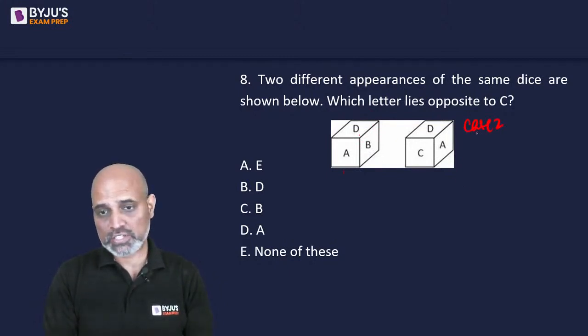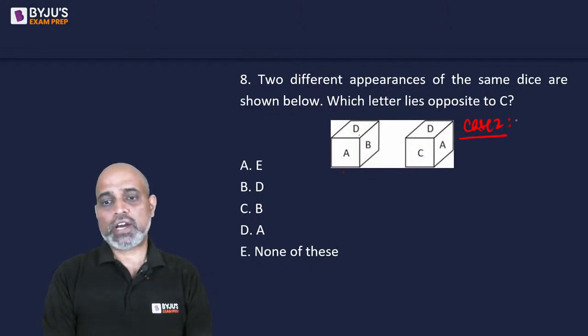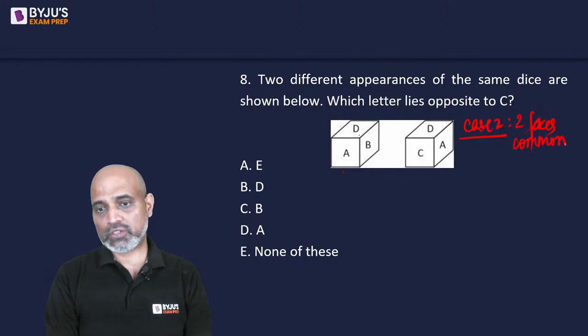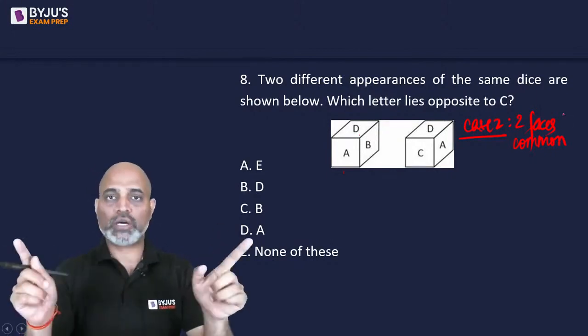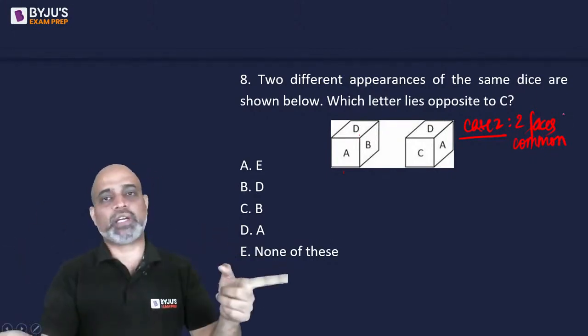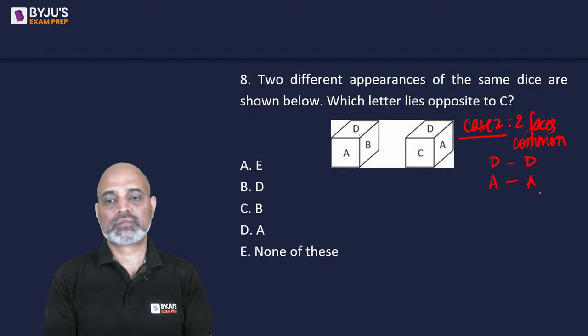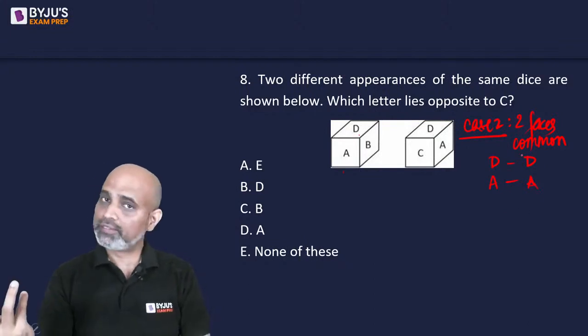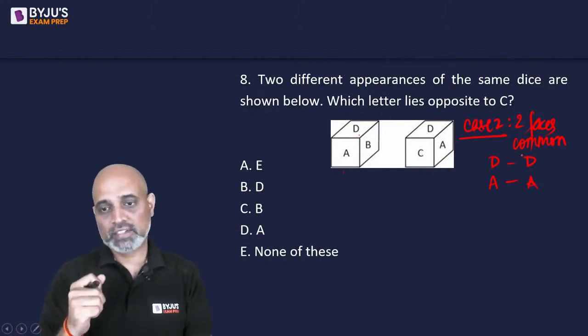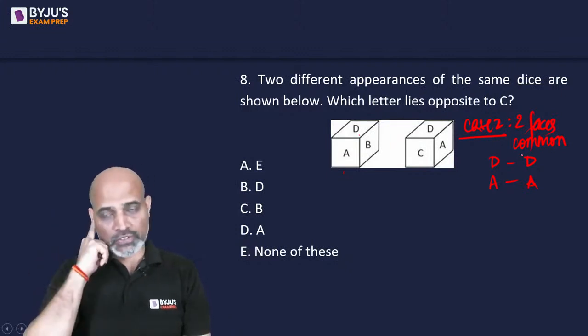This is called case 2 of dice. You have two faces common. Two faces common का मतलब है कि दोनों डाइस पे आपको दो नंबर्स दिख रहे हैं जो दोनों में है. As in D दोनों में है and A भी दोनों में. Agreed? ठीक है. So this is known as case 2 of dice.